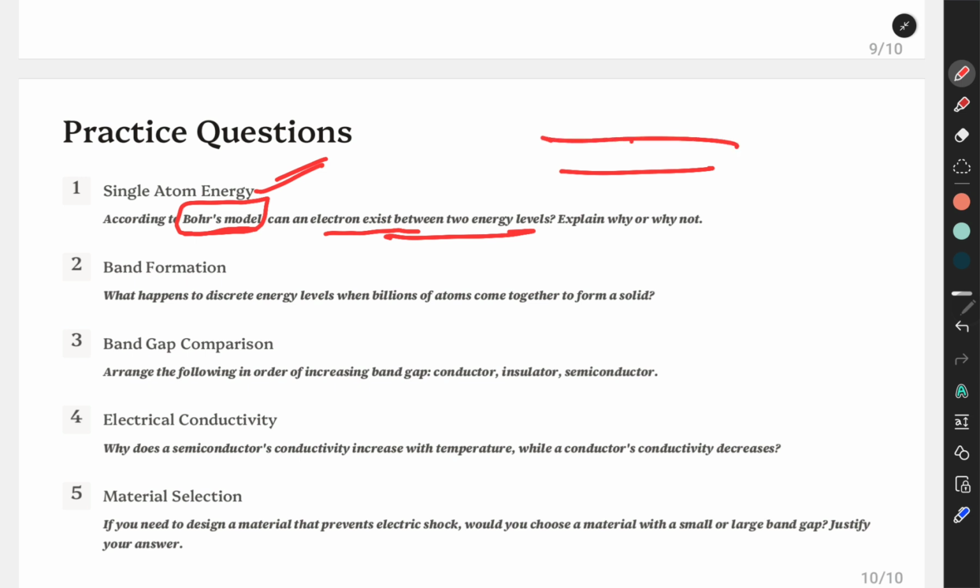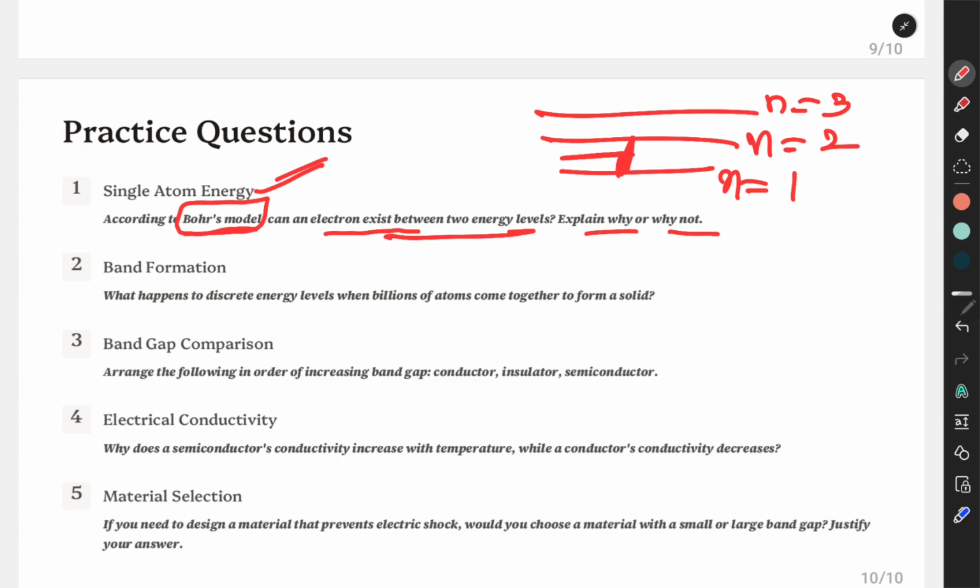Suppose there are n equal to 1 and 2 energy levels. Can an electron exist here? If yes, why? If no, why not? So think of the answer.